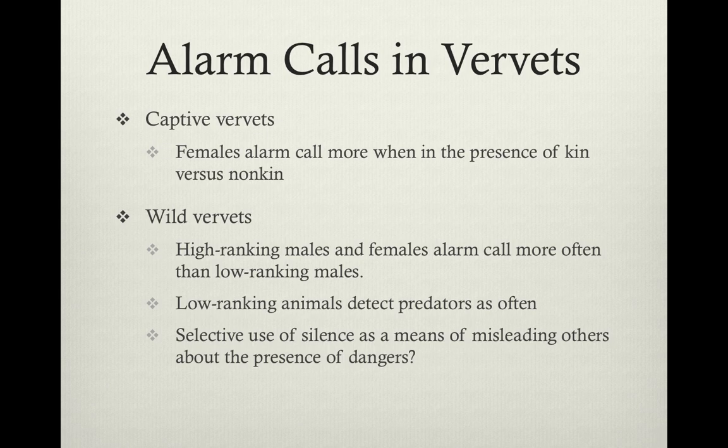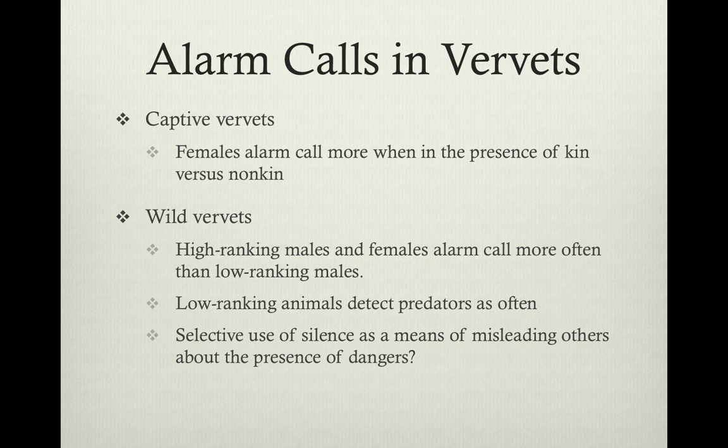Low-ranking individuals will detect predators just as often as high-ranking individuals. If those predators have not been detected by more dominant individuals, they will selectively stay silent. So here you see this kind of decision-making process going on among vervet monkeys, where the rule would say, if you're high-ranking, then alarm call.